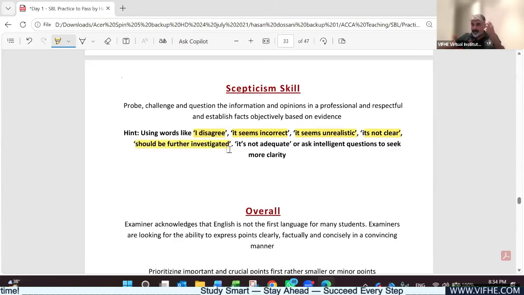All this shows that you are not trusting blindly. Or it's not adequate. Or you can ask probing questions, counter questions, to seek more clarity. All these are pet words or techniques which you should use in your drafting. Is that clear, everybody?